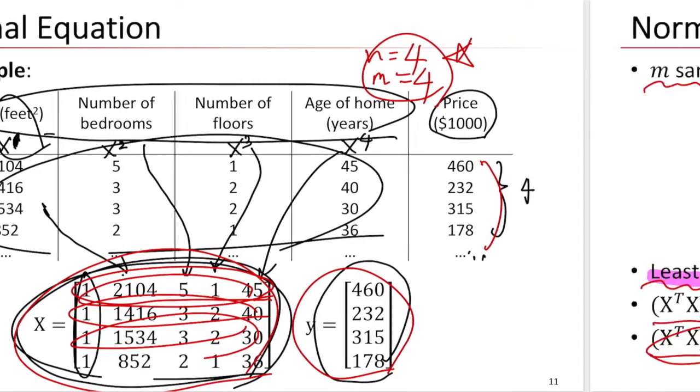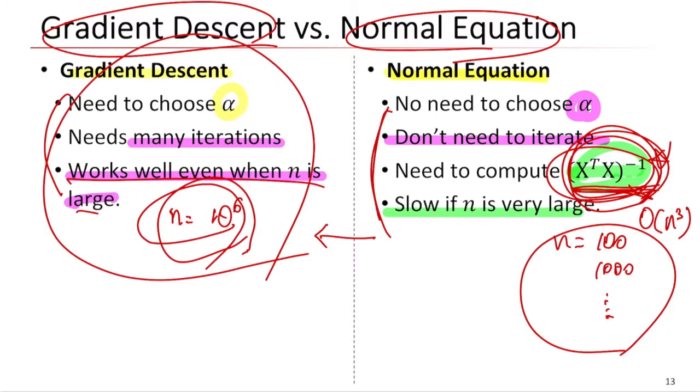Compared to the gradient descent algorithm, the normal equation doesn't need to choose the learning rate and doesn't need to iterate, but to compute this inverse of the matrix, we need high computational complexity. So it will be really slow if n is really large, such as n equal to 100 or n equal to 1000, something like that.